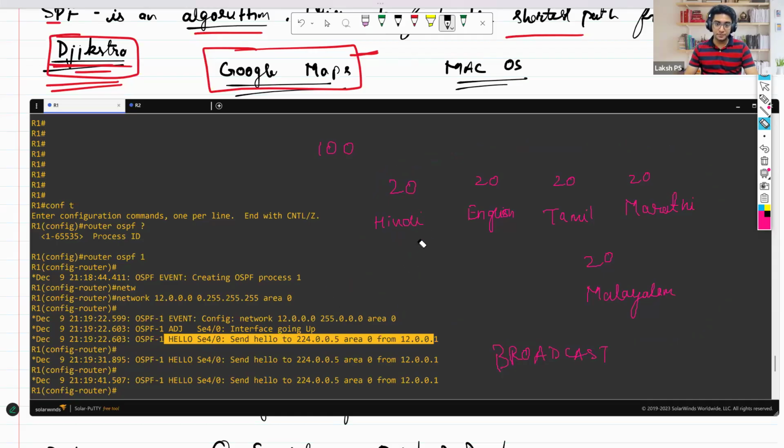Now, what is a multicast? As I said, one to similar feature devices. Let's say one Hindi speaking person wants to share information. He will send the information only to Hindi speaking people, who can understand, speak, write and read Hindi.